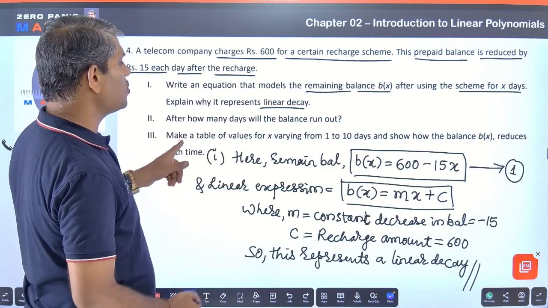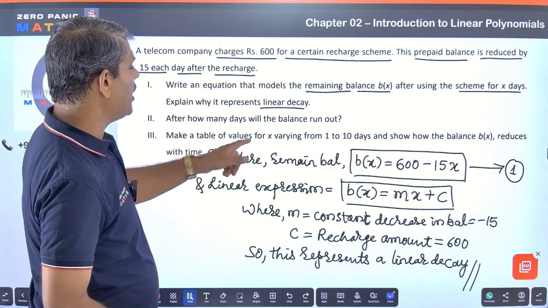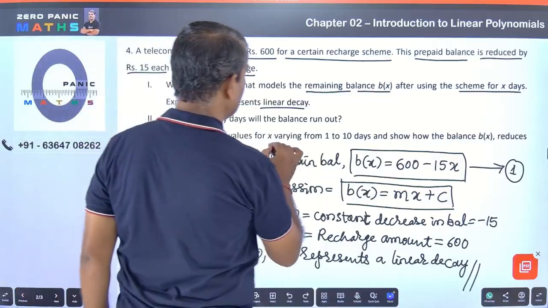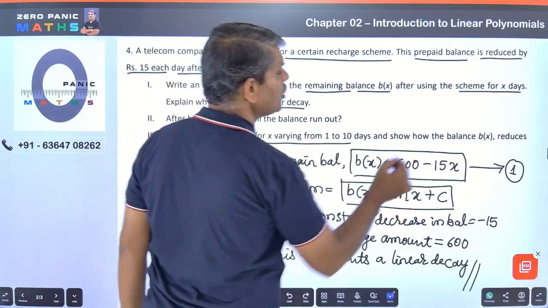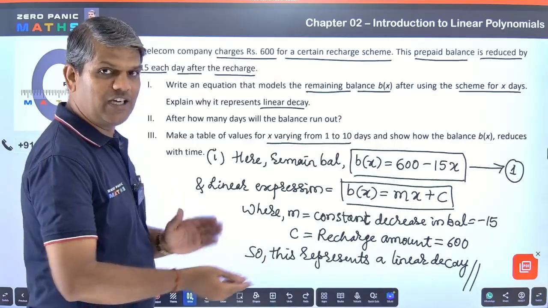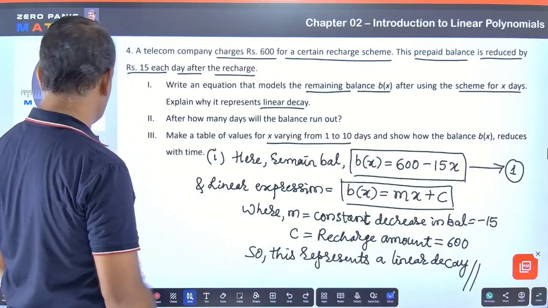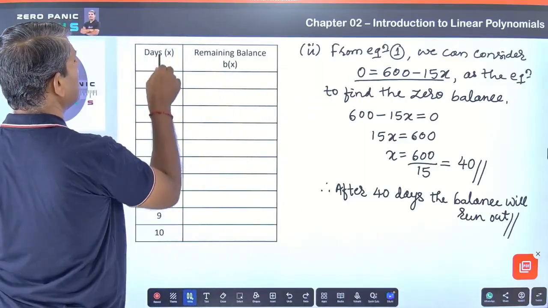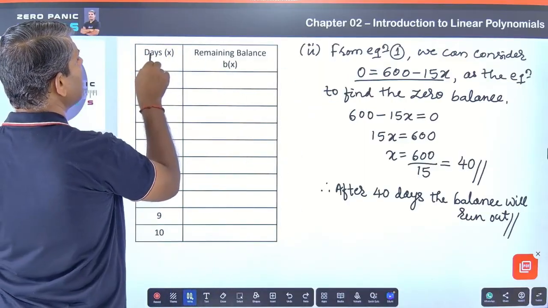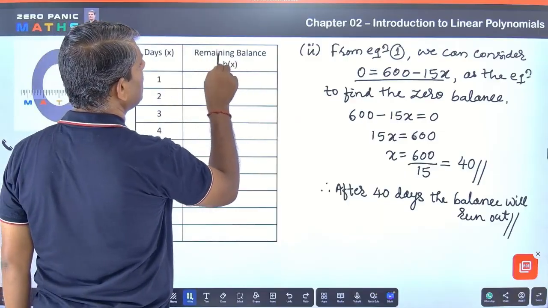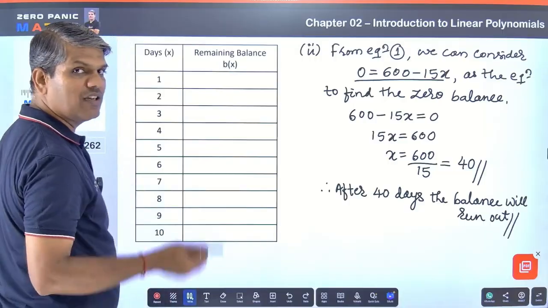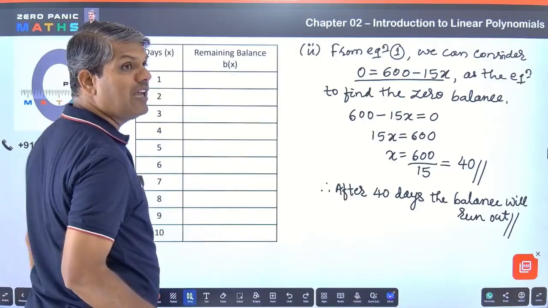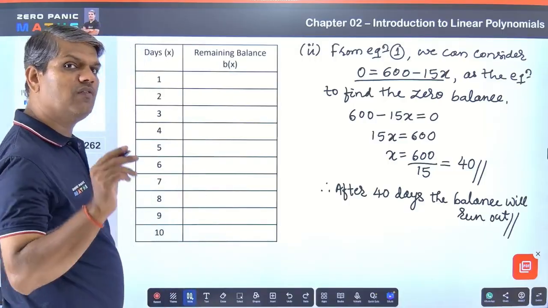Third question, as usual, they want a table of values for x varying from 1 to 10 days, showing the balance after every day. There is a table already given here. Using the same equation, we need to find the first column, days in x, which is given. The second column, the remaining balance b of x, we need to find out, and we know that b of x is 600 minus 15x.